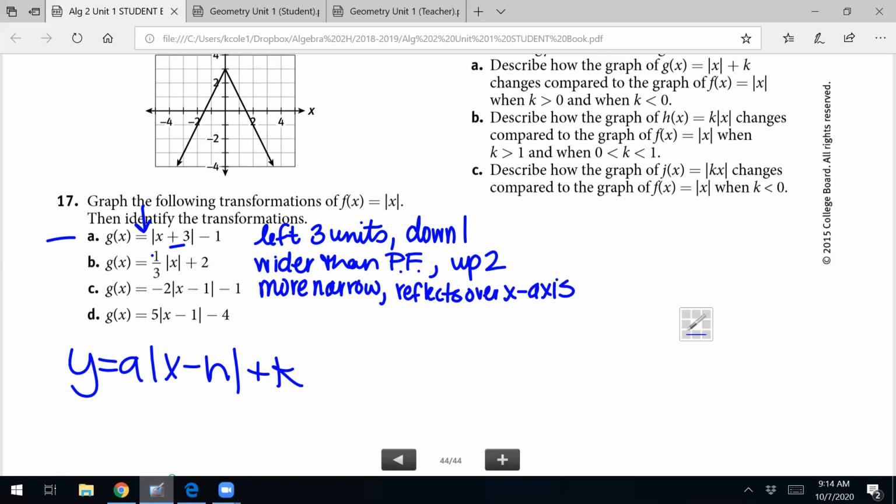Okay, then what does the -1 inside the bars make it do? Good, right 1. And what's the -1 outside the bars make it do? Down 1. You getting it? You figuring out who does what? Okay, what about D? What happens on D? What's the 5 do?